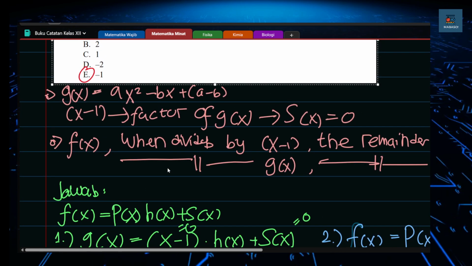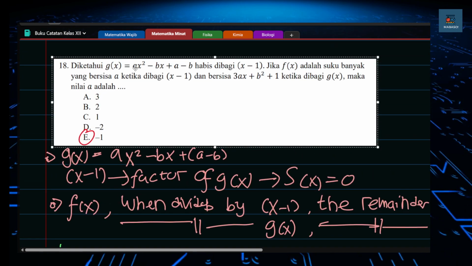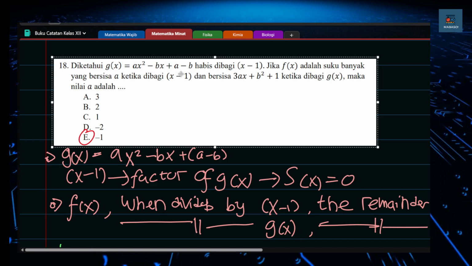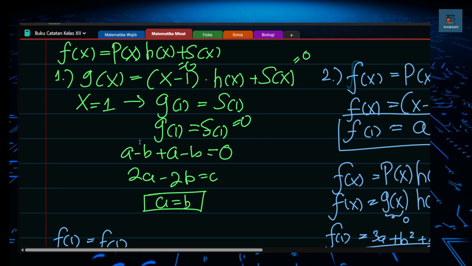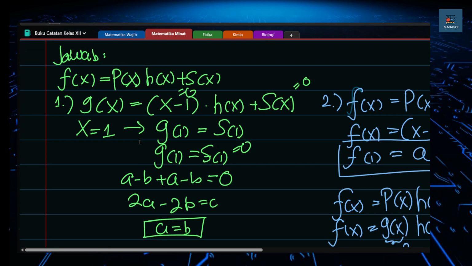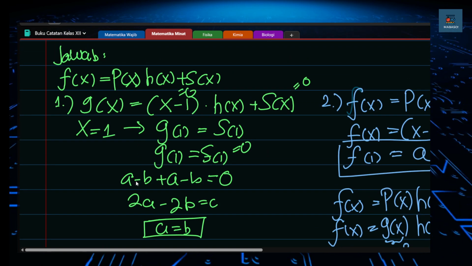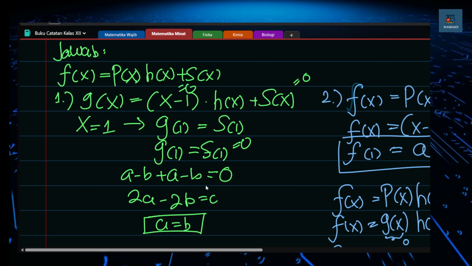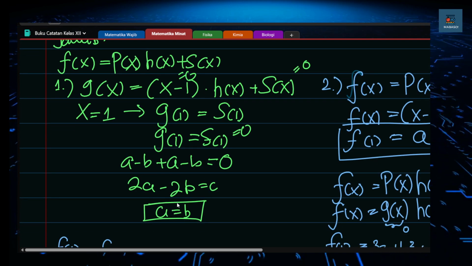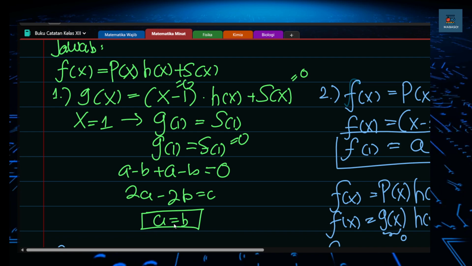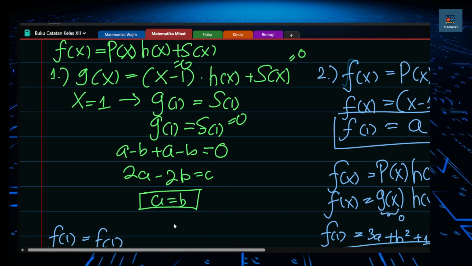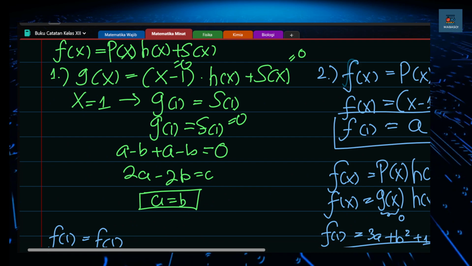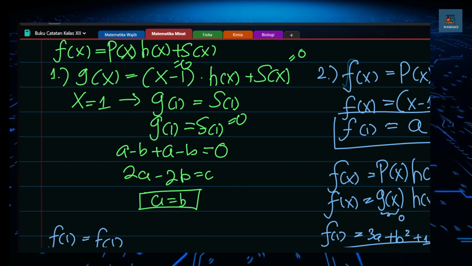And we can insert 1 into the equation ax squared minus bx plus a minus b, and g(1) becomes a minus b plus a minus b, which eventually gets us to the conclusion that a is equal to b. So the value of a is equal to the value of b.